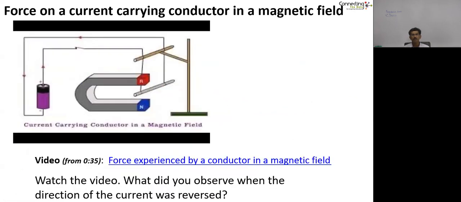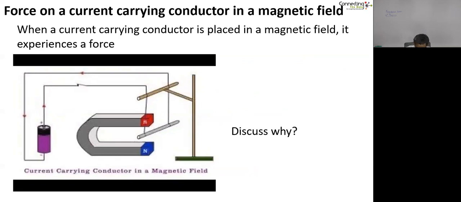Let us look at a simple experiment that illustrates this even better. So what are we doing in this experiment? We have a permanent magnet, and this permanent magnet obviously has a magnetic field around it.